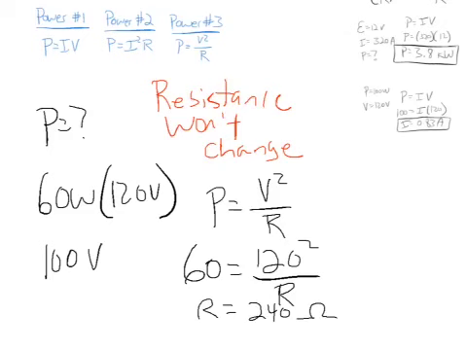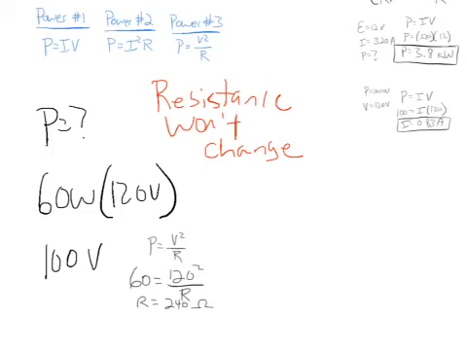Now that resistance is not going to change when we dim down our bulb. What we're changing when you dim down that bulb is that potential difference. Okay, so this time, again, we don't know anything about the current, so we're still going to use V squared over R. Now we want to know how much power we are getting out of our 60-watt bulb at 100 volts.